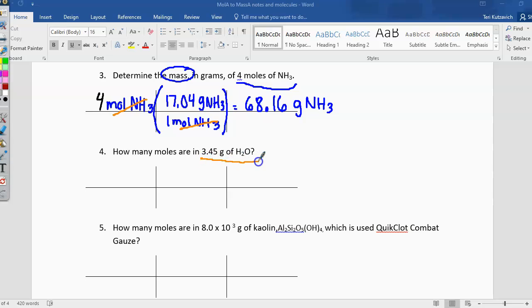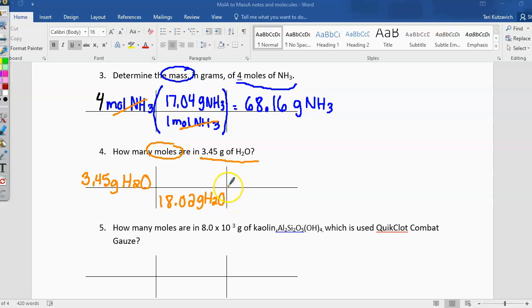This next one, underline what you're given, circle what you're trying to find. So I am given 3.45 grams of H2O. What has to go on the bottom of the parentheses to cancel? Grams of H2O. What number goes in front of the grams? The number from the periodic table, always.